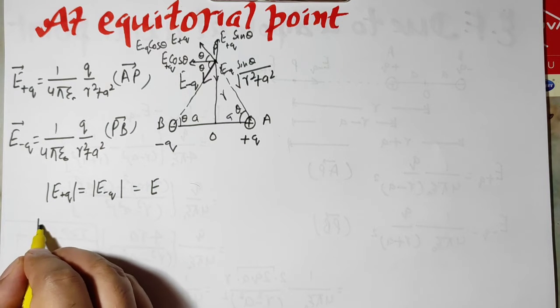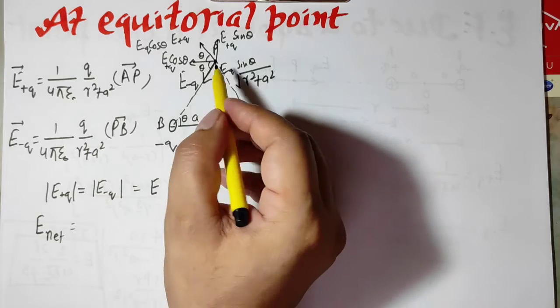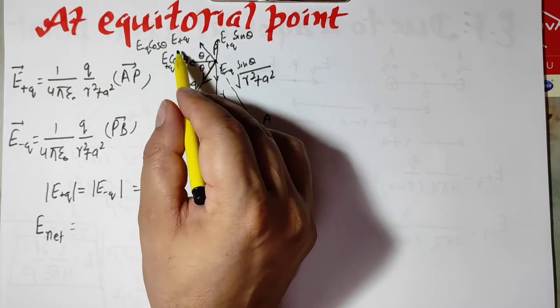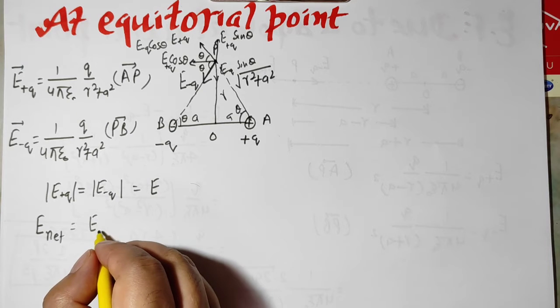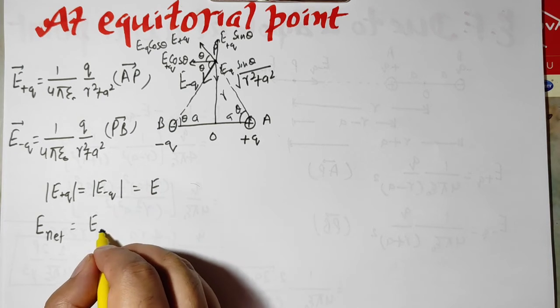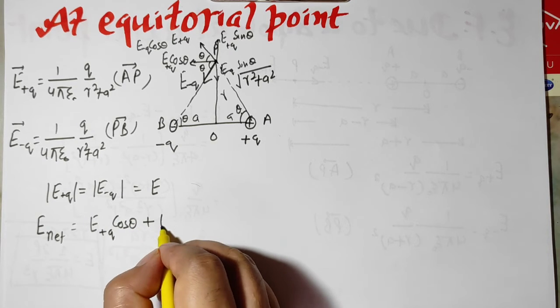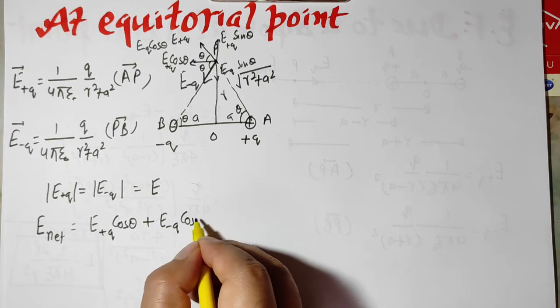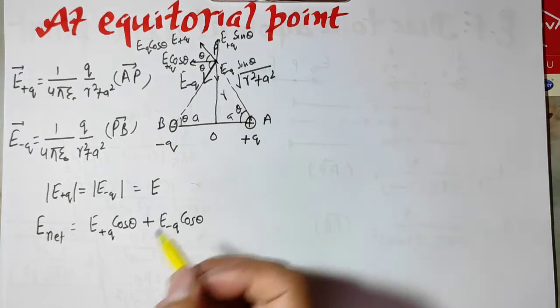So total electric field E net is what? Sum of both the horizontal components. So we had E plus Q cos theta, E minus Q cos theta, but the vertical component will be cancelled.